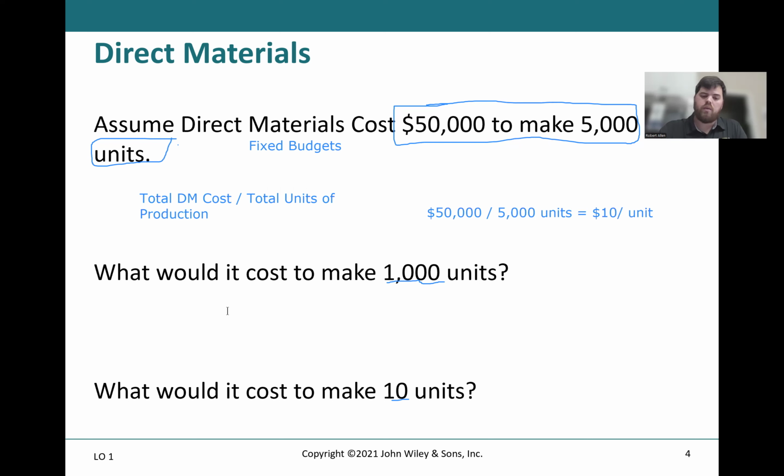And now they say, well, if we're making 1,000 units, what is that going to be? So I'll take $10 per unit that we just solved times 1,000 units, and I'll get $10,000. So that's how much it would cost me to produce 1,000 units. Well, now what if we wanted to just make 10? Well, I can take $10 per unit times 10 units, and I'll get that this is going to cost me $100.